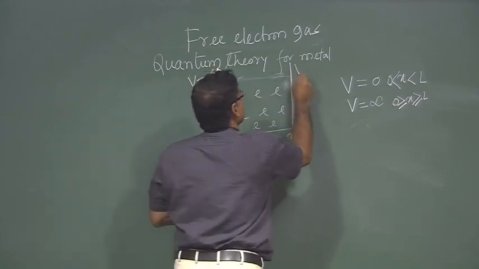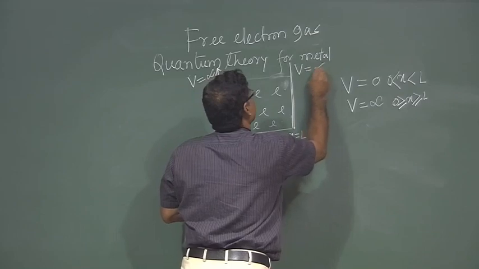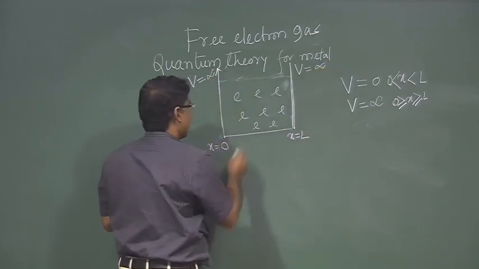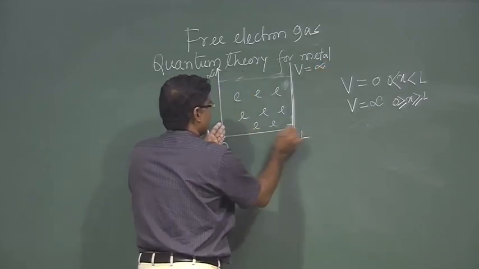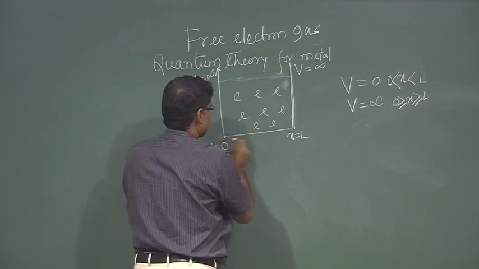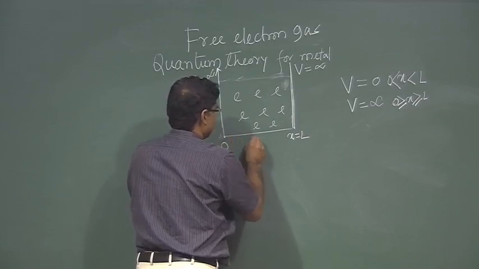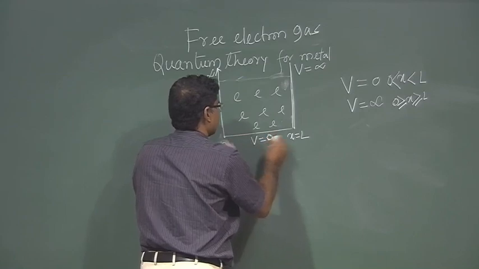Outside here also the potential is very high, infinity, whereas inside within this length the potential is V equal to 0, in this range.